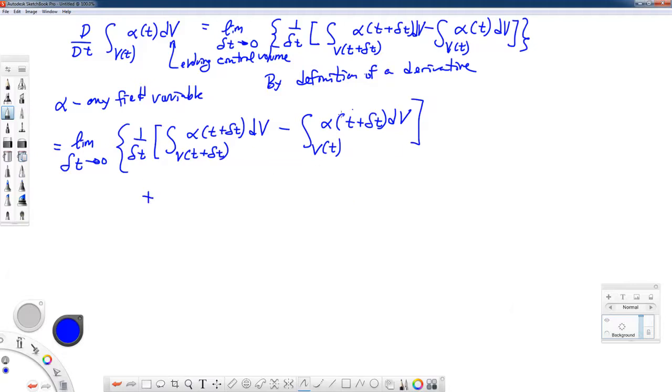Okay, so this is a new term that's not in the top expression, so if I'm subtracting it off here, I'm going to have to add it somewhere else. And I'm going to add it right now.